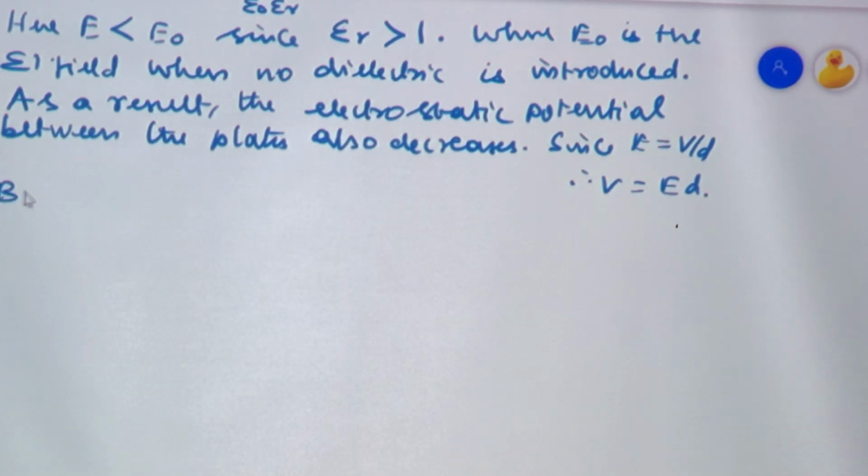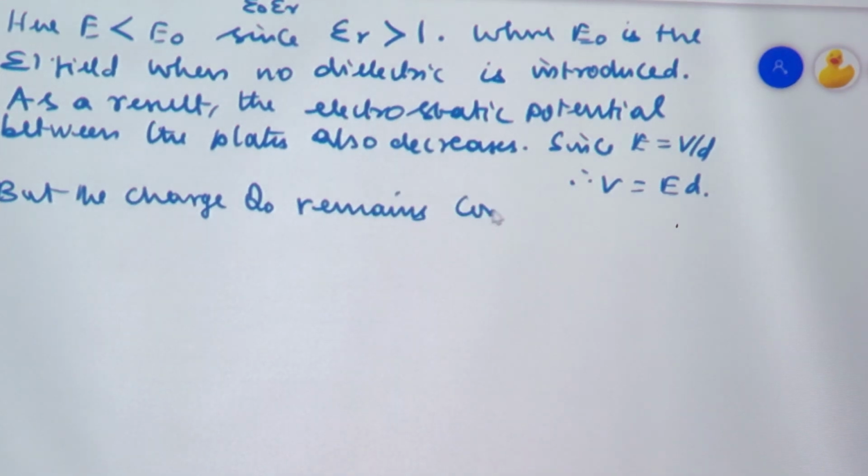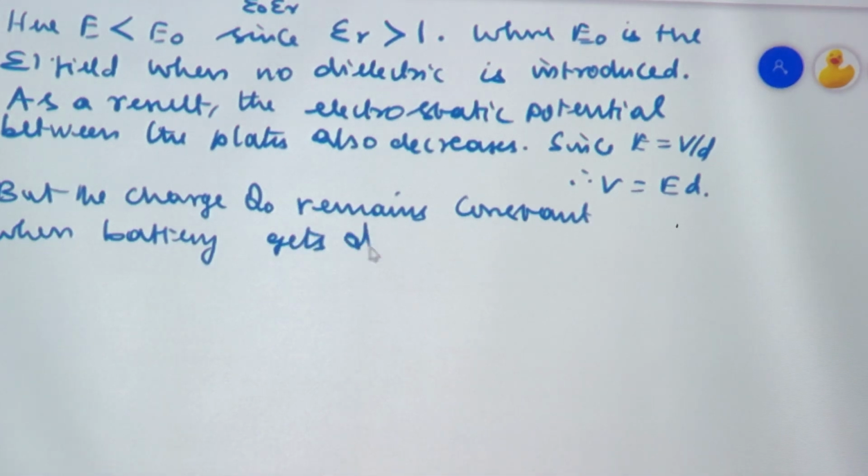So we can say the charge Q0 remains constant when the battery gets removed or disconnected. But it is not the case when the battery is always in connection with the plates. That we shall see in the next case. When the battery is removed, the charge remains constant.